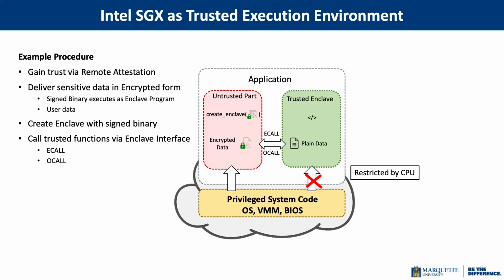So in this scenario, the user can upload their encrypted binary and data, where using that binary, the enclave is created on the cloud, and then they can securely transfer their encrypted data via the enclave call. When the data is transferred to the enclave, it will be decrypted to work in a plain text environment.